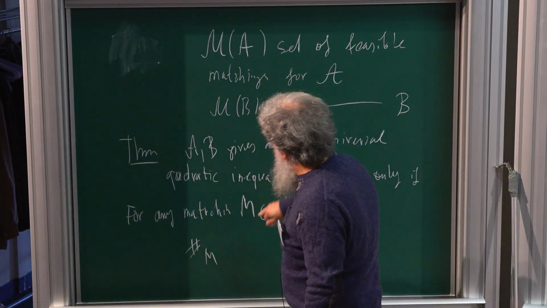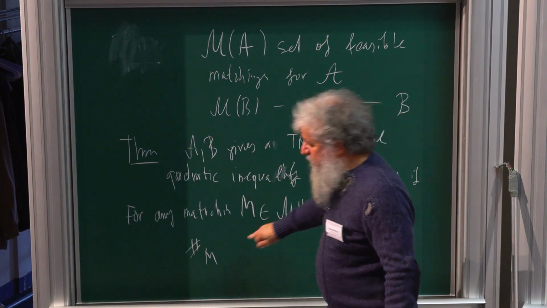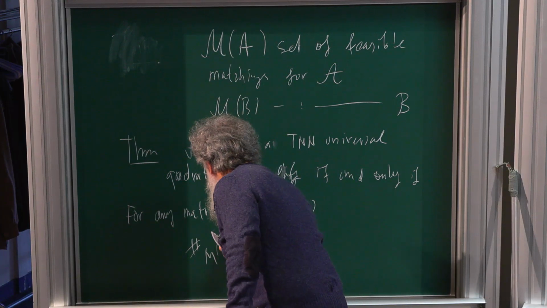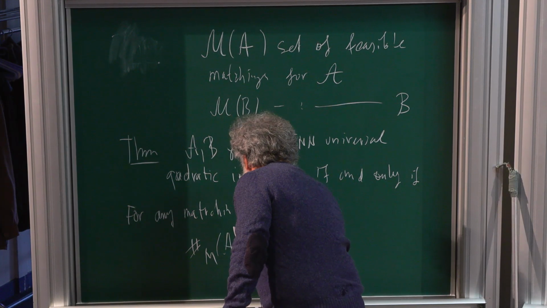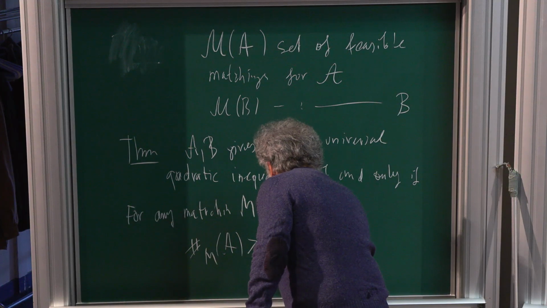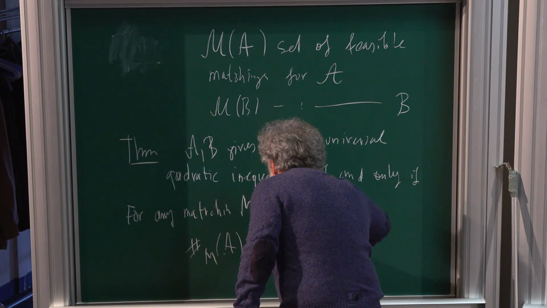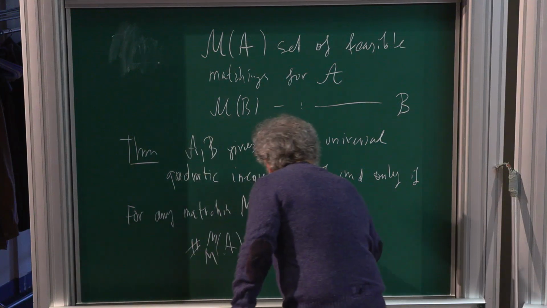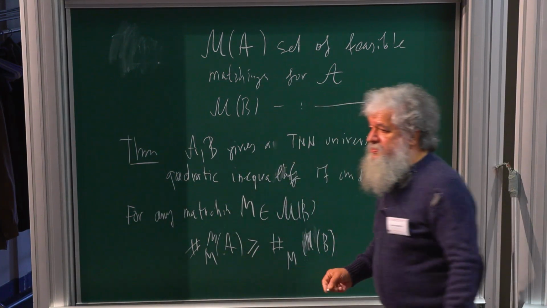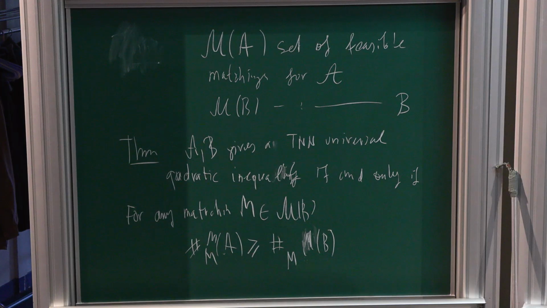So we take a matching in M of B and count the multiplicity of this matching in A, and then it has to be greater or equal than the multiplicity of this matching in B. So you see, this variant you can explain in school, and this I'm afraid not.